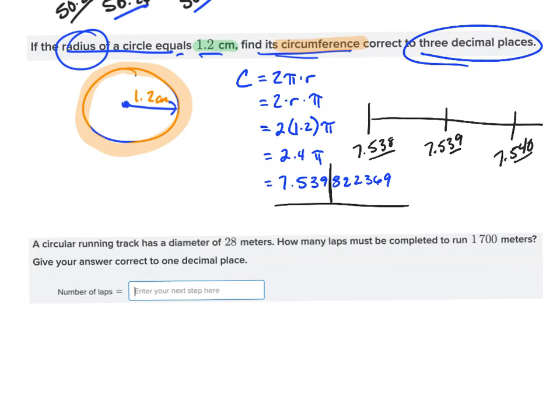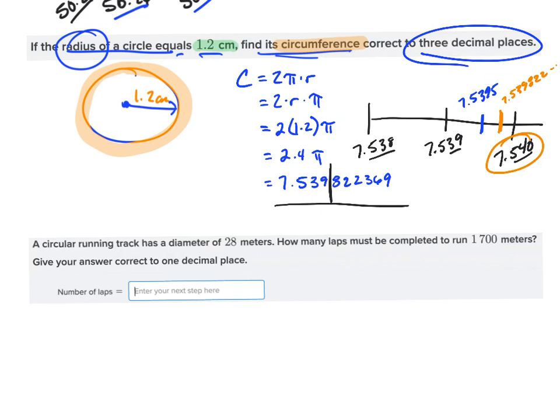So we look at this, and 7.5395 would be right here in the middle. And that means 7.539822 would be right about here.